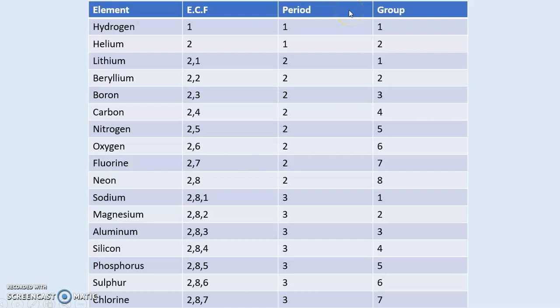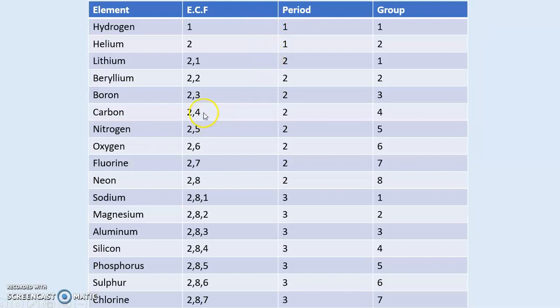Let's look at what is meant by the terms period and group. Period can be related to electronic configuration, because the period tells the number of shells that are occupied. Here we have hydrogen, having only 1 electron, so we say it occupies only 1 shell.